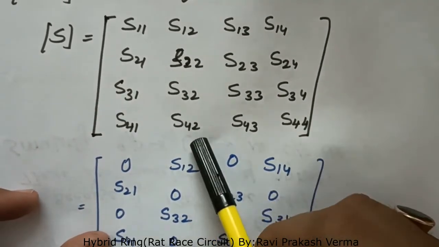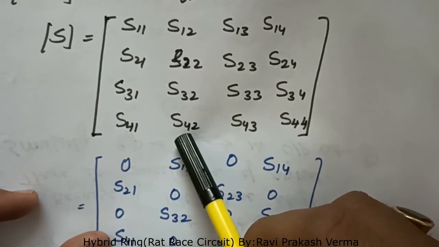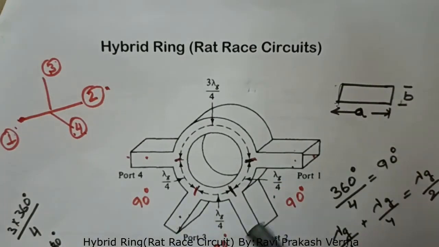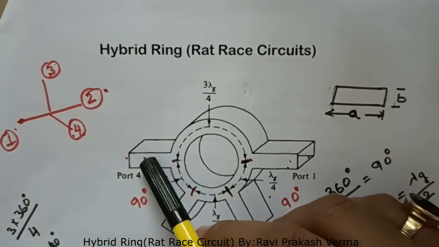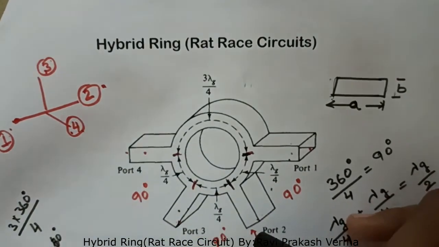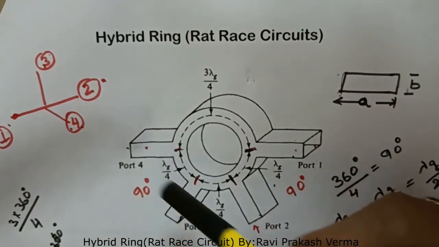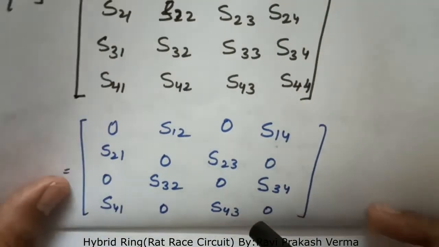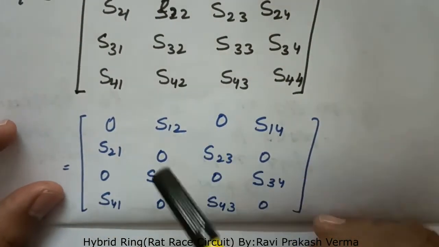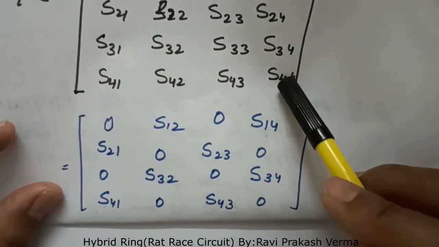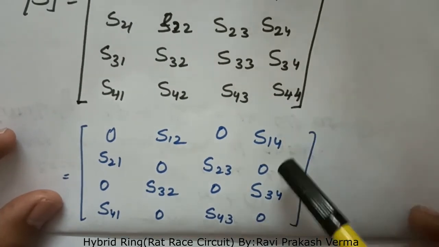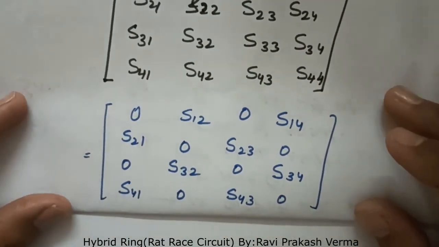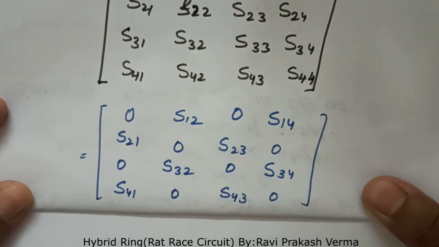S42 means we are giving input at port 2 and taking output at port 4. There is a 180 degree phase shift between these two ports, port 2 and port 4, so the output is 0 for S42. This is a perfect match circuit, so S44 is 0. So this is the scattering matrix for the rat race circuit.